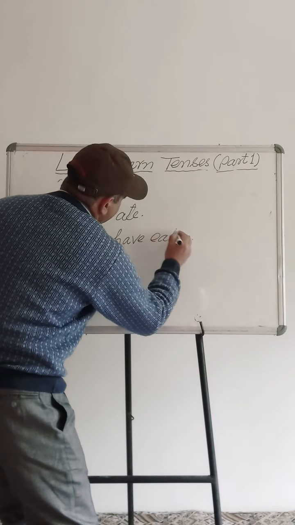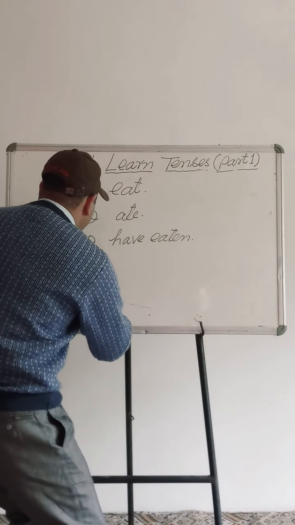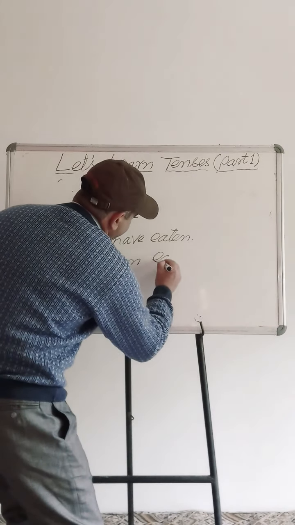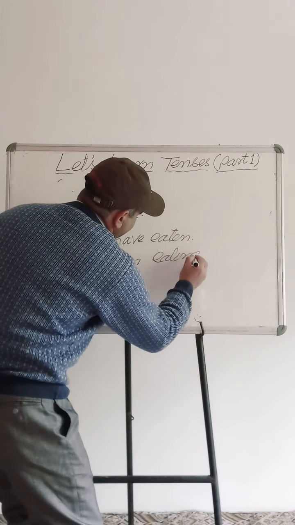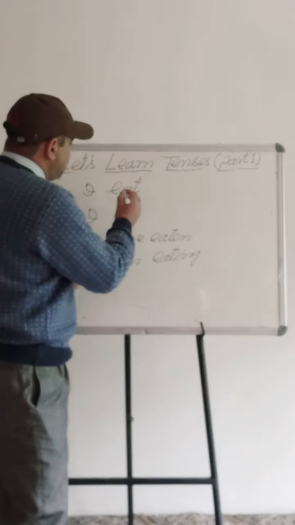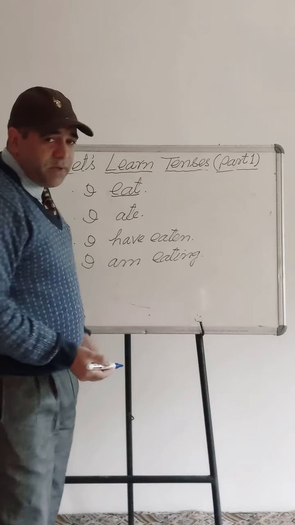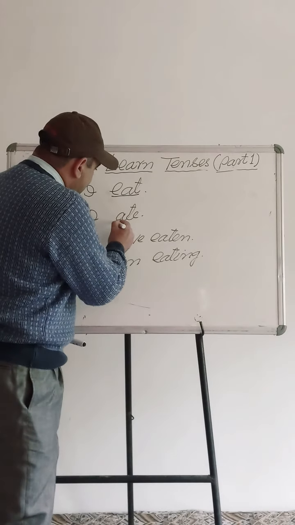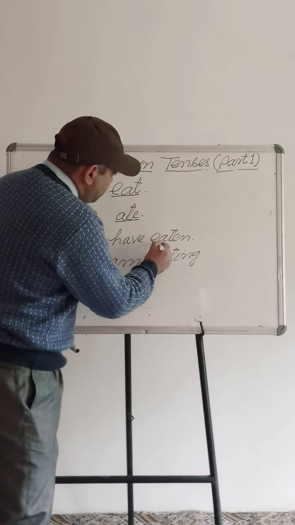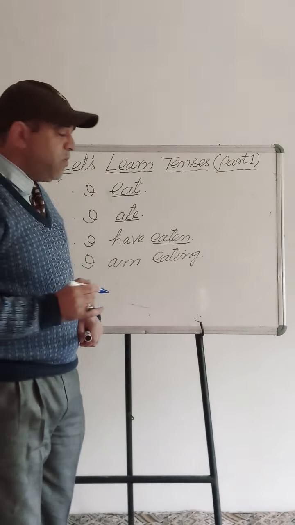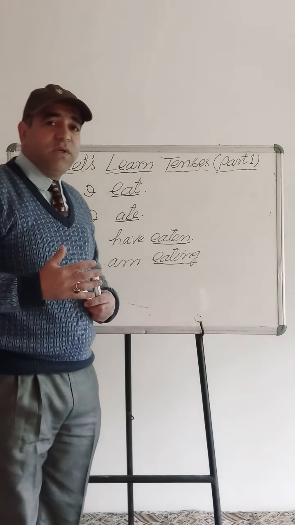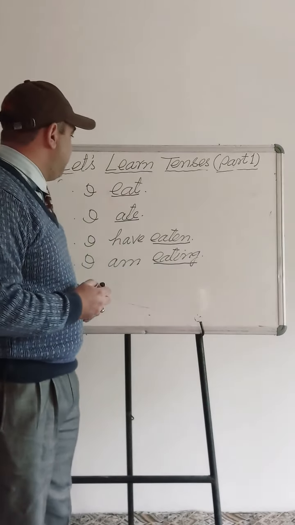And the V4 form is eating: I am eating. In the first sentence, we have used the present form of the verb. In the second sentence, the past form. In the third sentence, the past participle form. And in the fourth sentence, the present participle form.